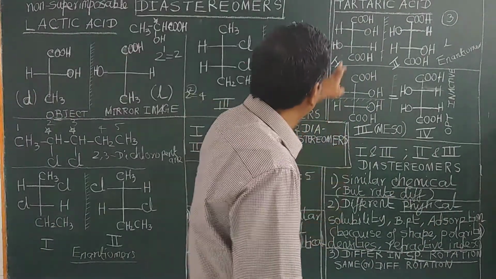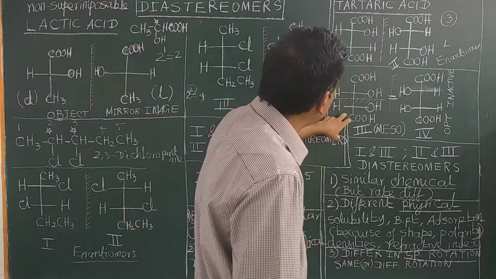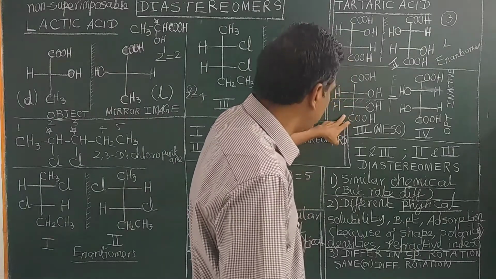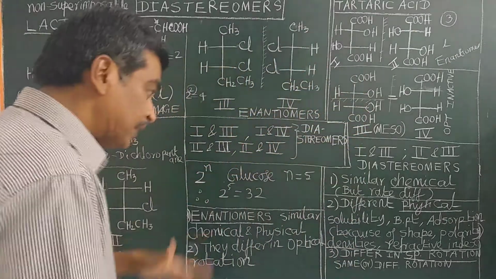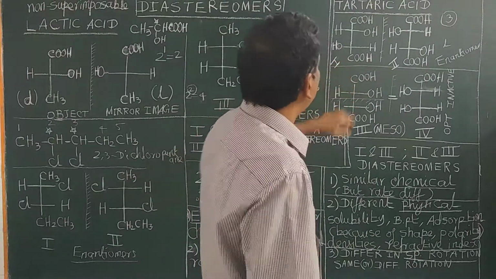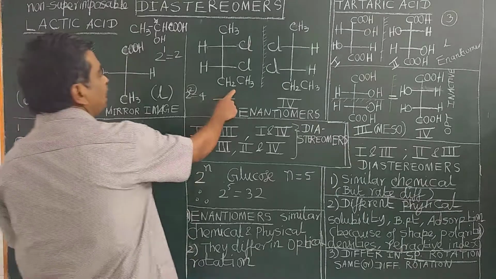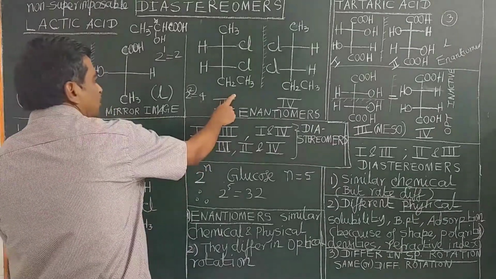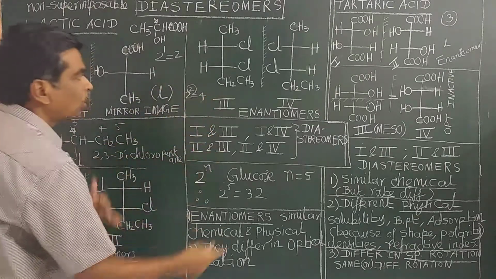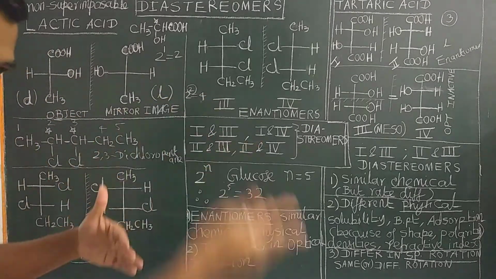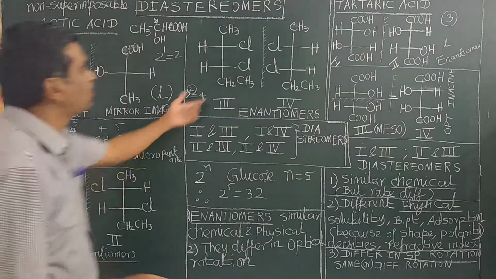But if you see 1 and 2, and 1 and 3, this is optically active, this is optically inactive. So they have different optical properties. But if you look here at 1 and 3, which are diastereomers, this is dextrorotatory, and 3 also is dextrorotatory, so they will rotate to the right, but the specific rotation is different. It may be 30 degrees and the other 60 degrees.